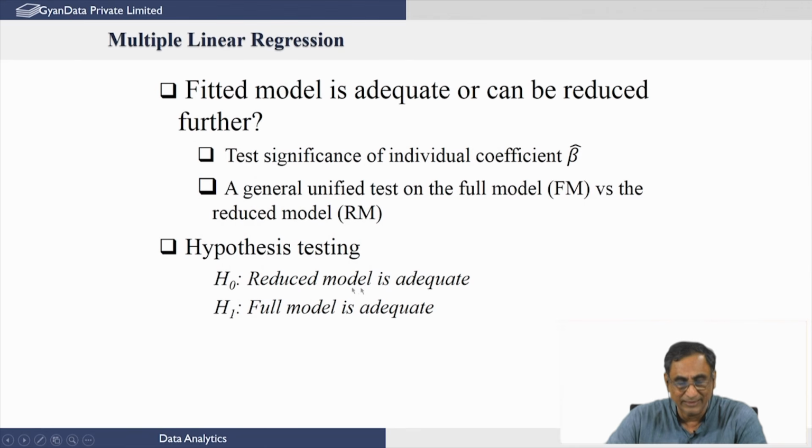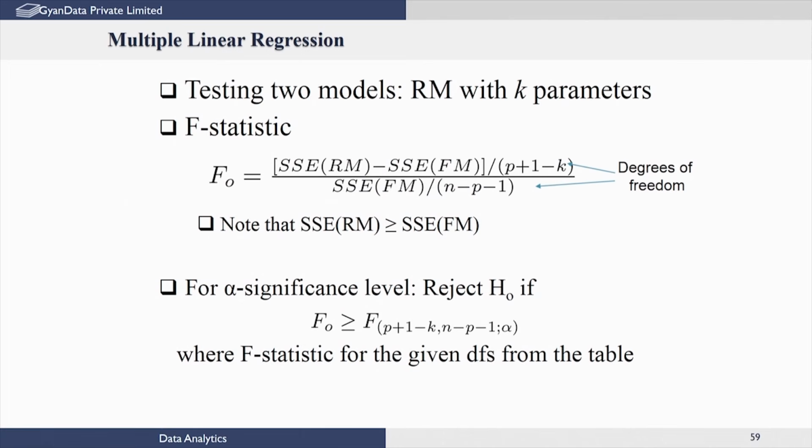So, we can test whether the reduced model which contains only the constant intercept parameter is a good fit as opposed to including all the independent variables, some or all, that is what we call the full model. We will consider a specific case here where we do the F test statistic for a reduced model compared with the full model.